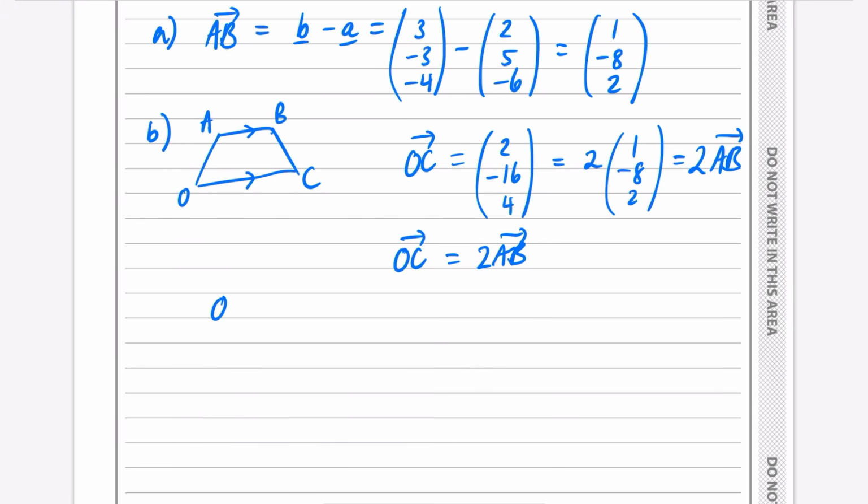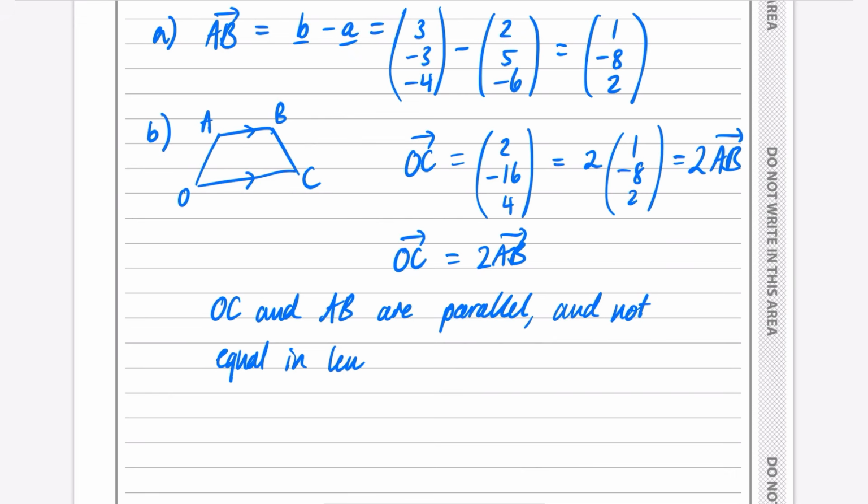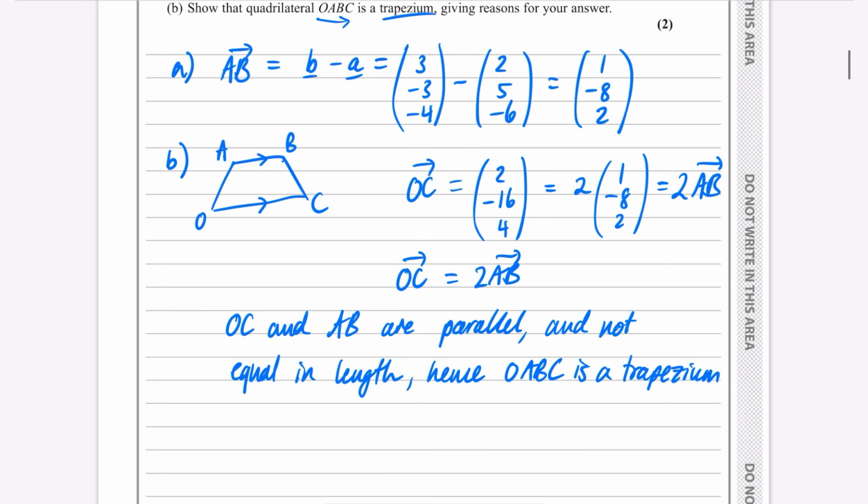What this means is OC and AB are parallel and not equal in length. In fact, OC is twice the length of AB. Hence, OABC is a trapezium. If they were the same length, it could be a rectangle or a parallelogram or a square, so you'd have to be careful for that.